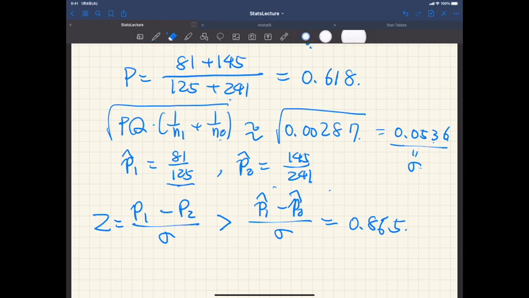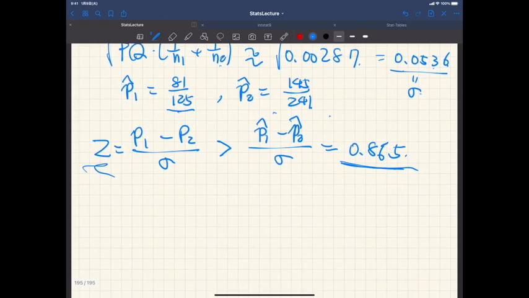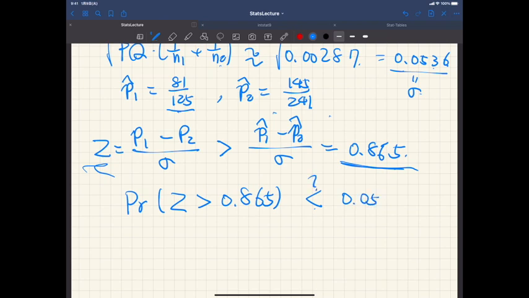If the probability of this is less than 0.05 or so, then we may conclude that our hypothesis was wrong. So reject it.